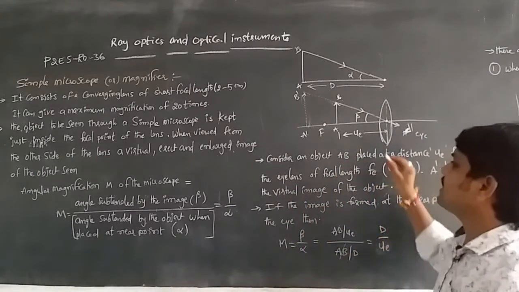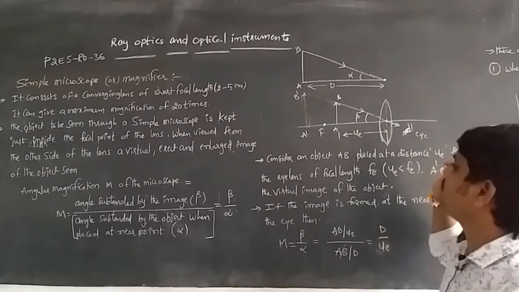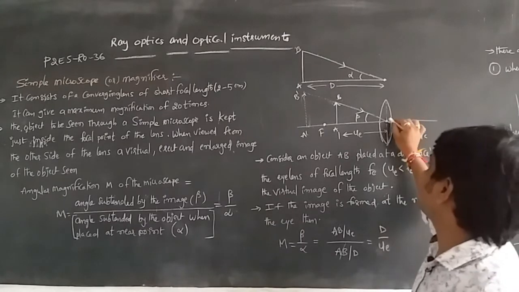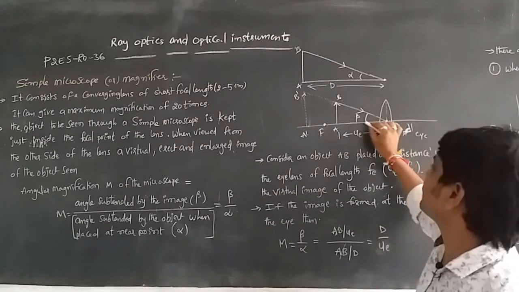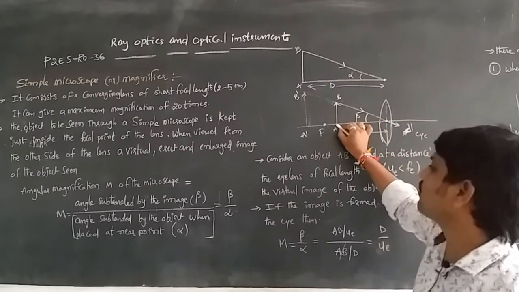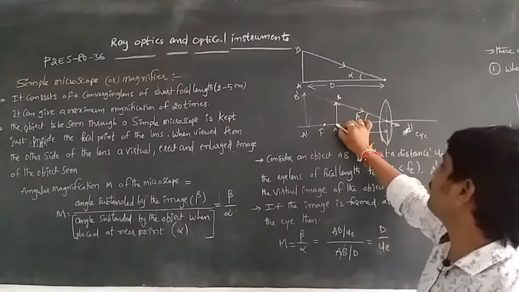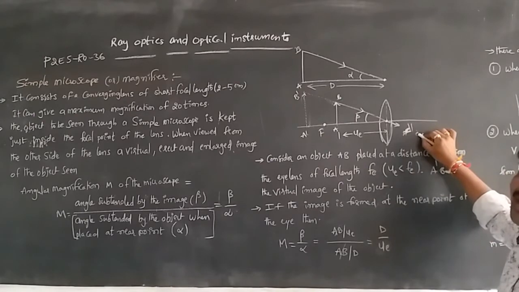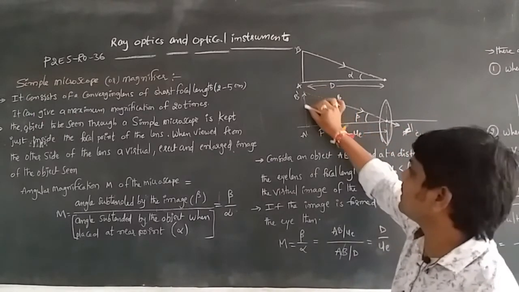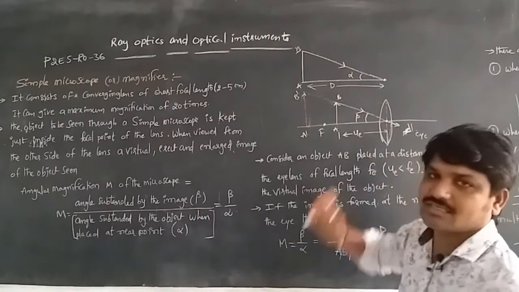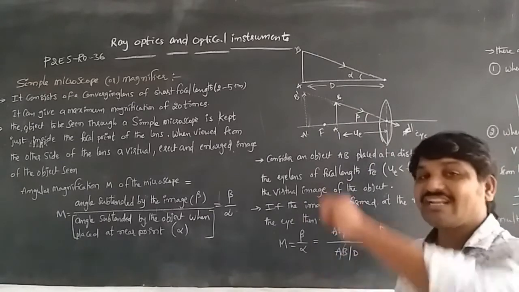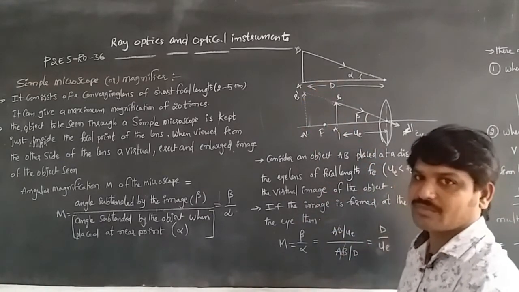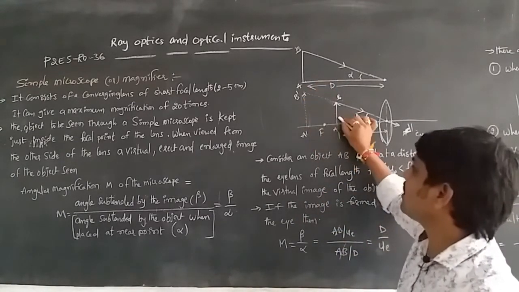When the object is seen through a simple microscope, kept just inside the focal point of the lens and viewed from the other side, we can see an erect, virtual, magnified image of the object.